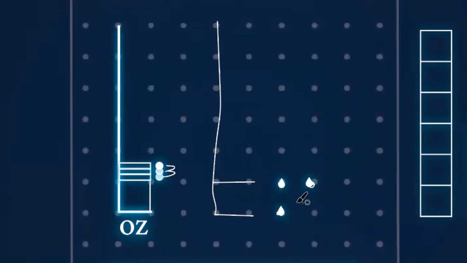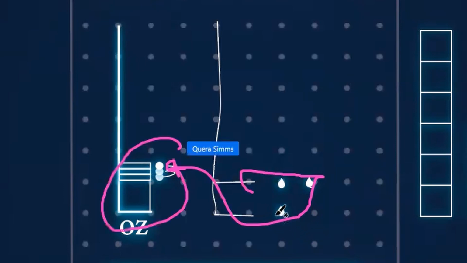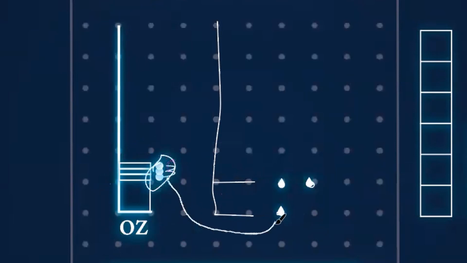Okay, so this and this are literally the same thing. This group of 3 dots is the same as this group of 3 dots over here.